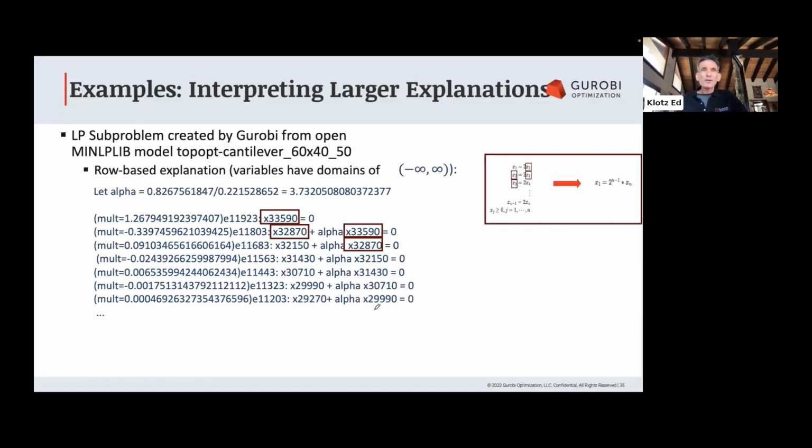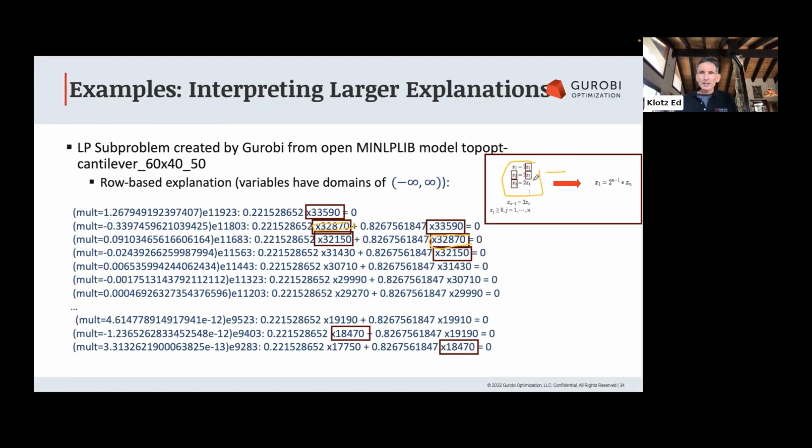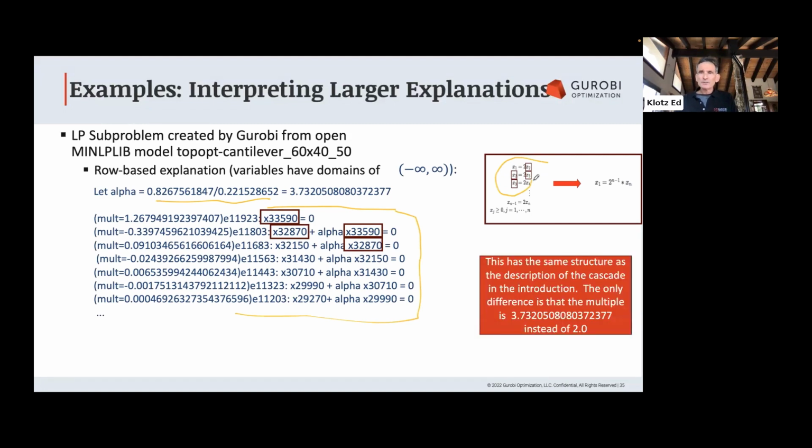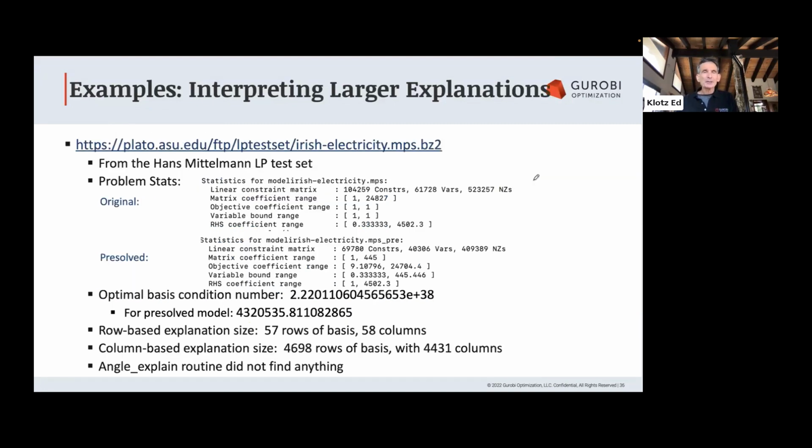But if we just divide through, we see that we're basically in exactly the same scenario, except we have a coefficient of 3.73 something instead of 2.0 like we had here. So this one is just an ever so slightly more complicated example of a cascade.